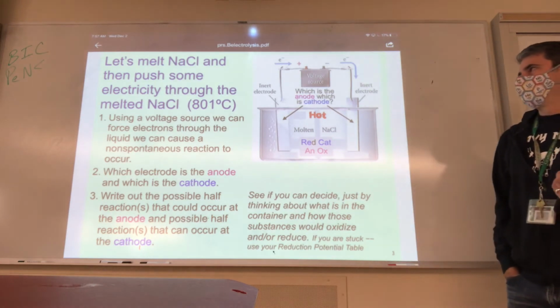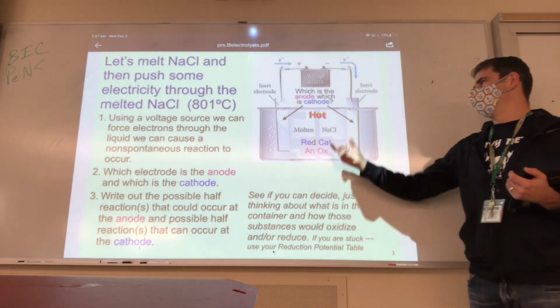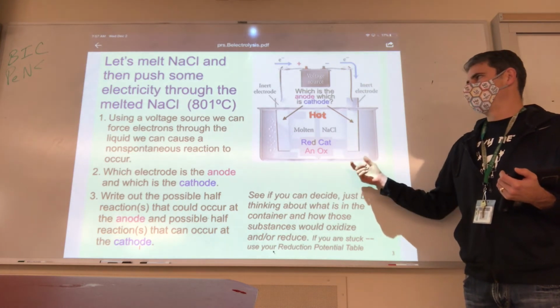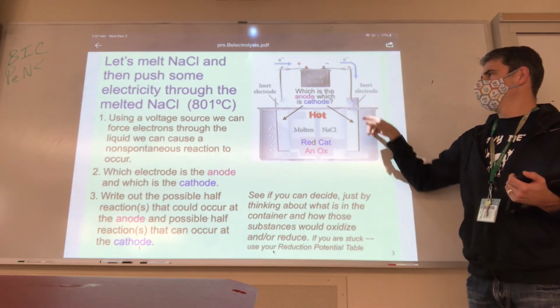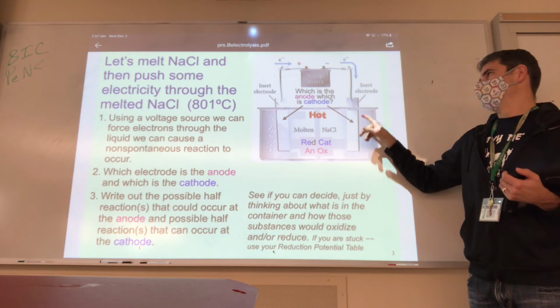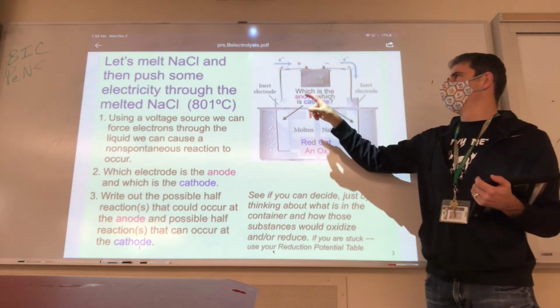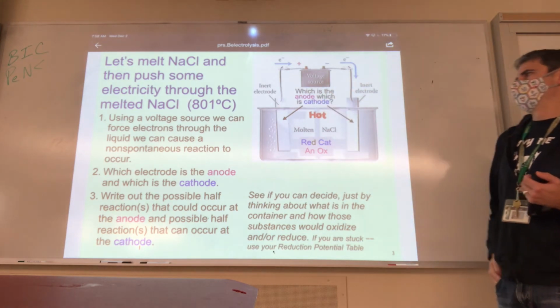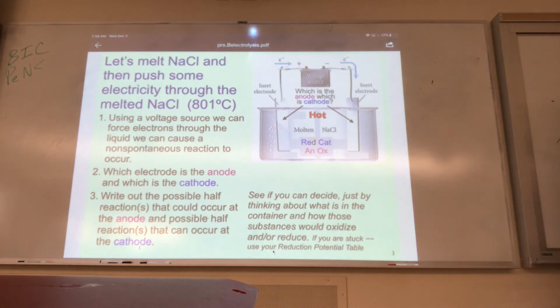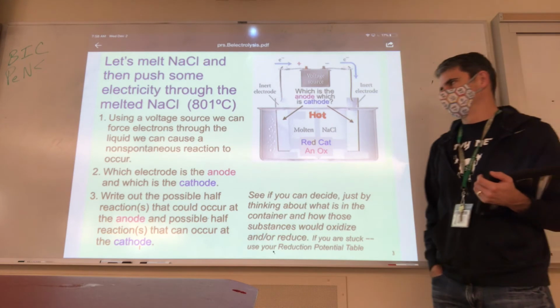Once we have molten sodium chloride, we can put in inert electrodes, apply a voltage to our reaction, and get a non-spontaneous reaction to occur.